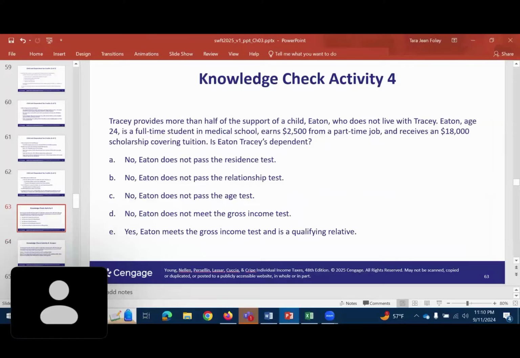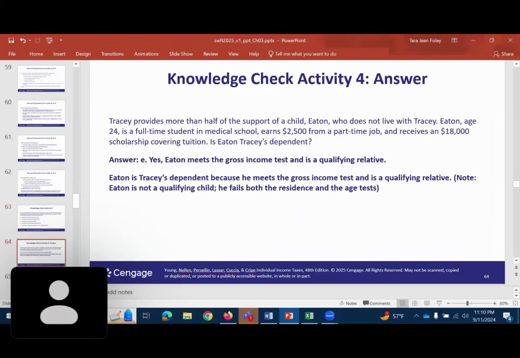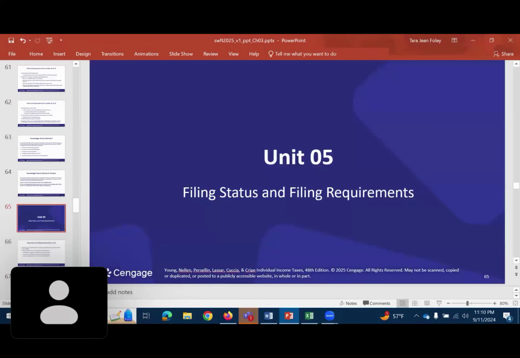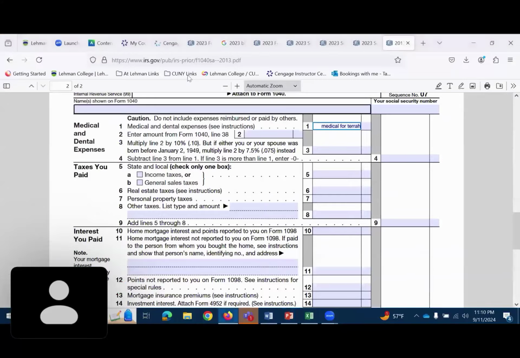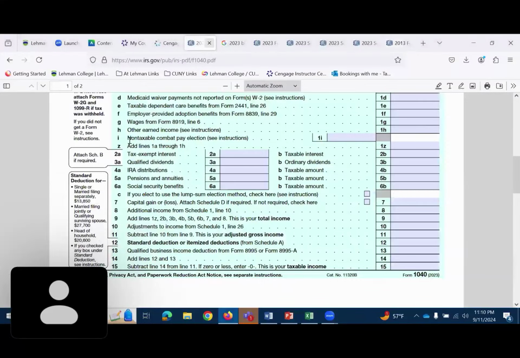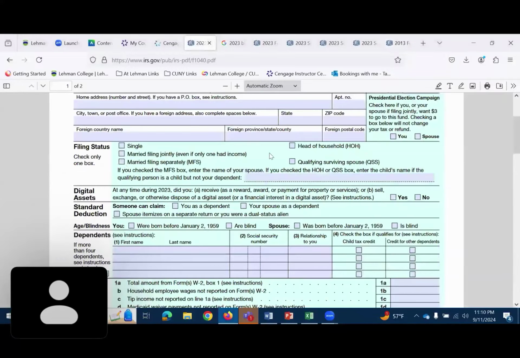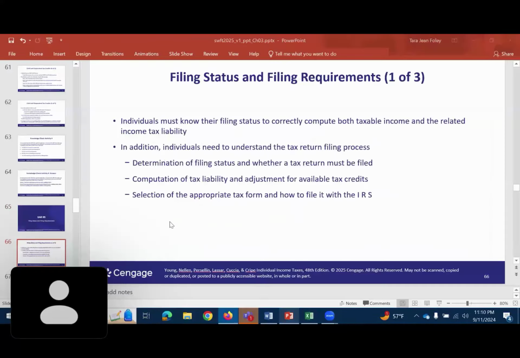So you can read that knowledge activity question and answer. Filing status and filing requirements. I've already kind of gone through that when I went through the tax return with you. The filing status, single, married filing jointly, married filing separately, but we're going to go through a little bit more detail of that.